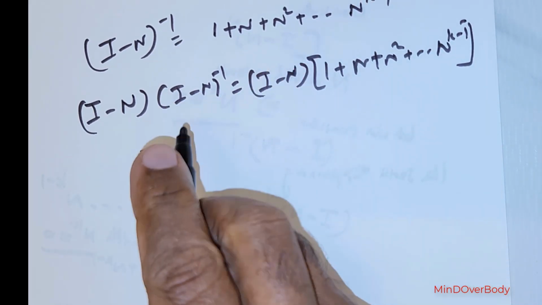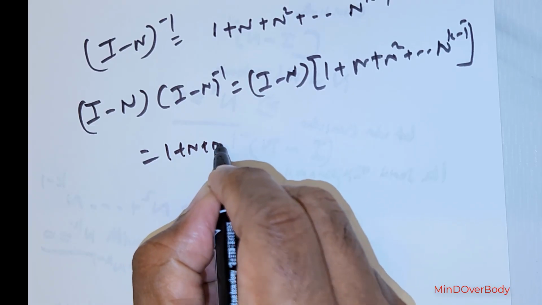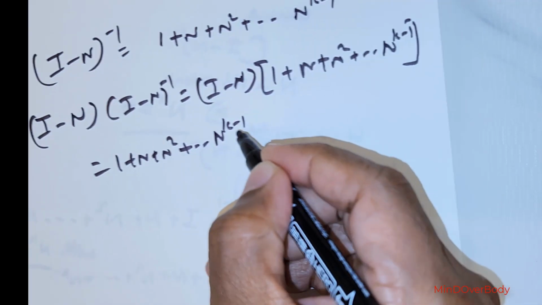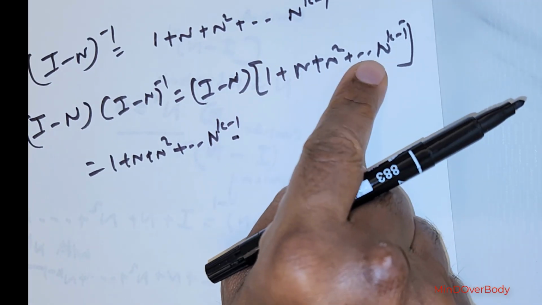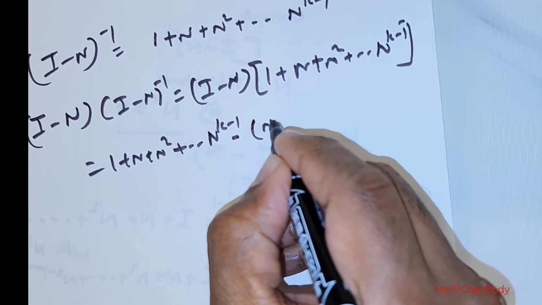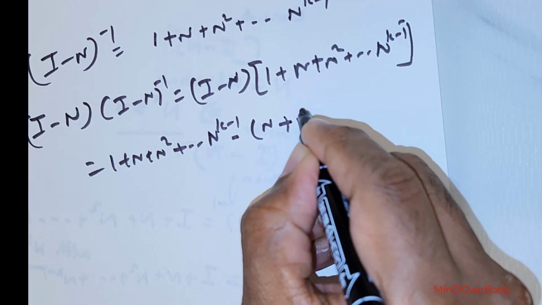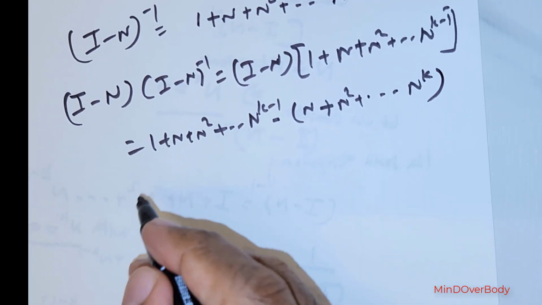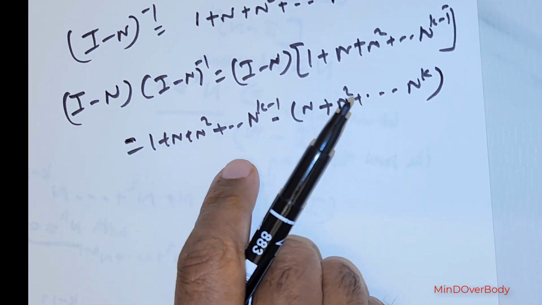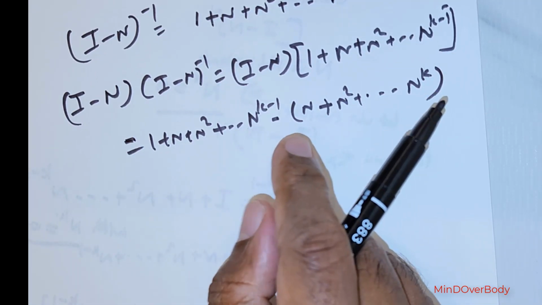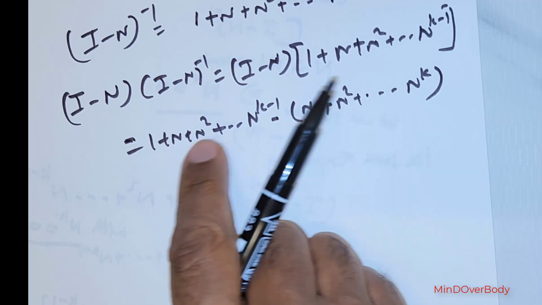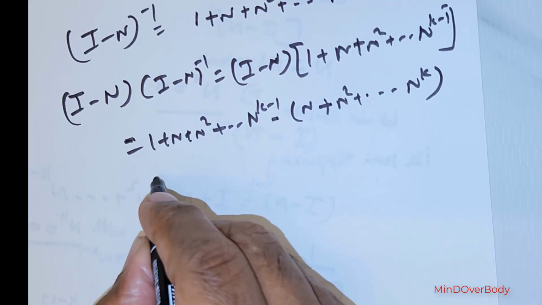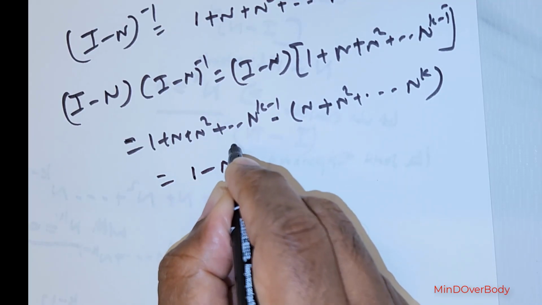This into I is going to be I + n + n squared + etc. + n raised to the power of k − 1. Then negative n times this entire thing: n + n squared + etc. + n raised to the power of k. So you subtract these. What do you get? n and n goes off, n squared and n squared goes off, n to the power of k − 1 also gets cancelled, giving you I − n raised to the power of k.